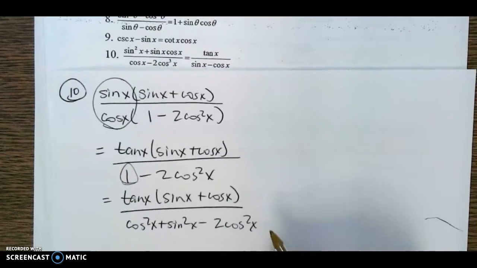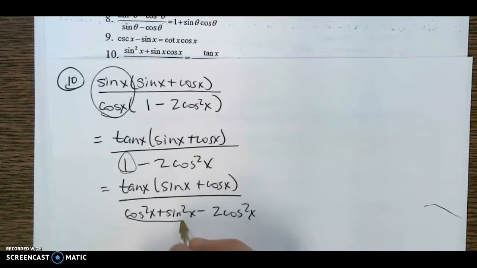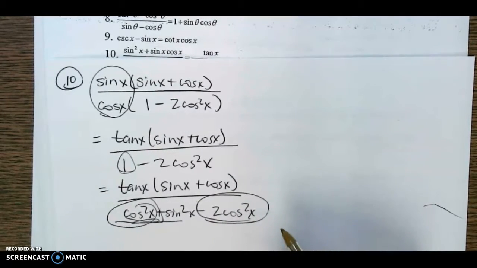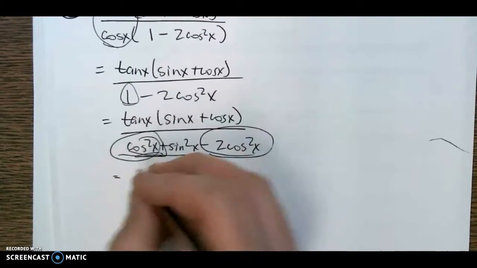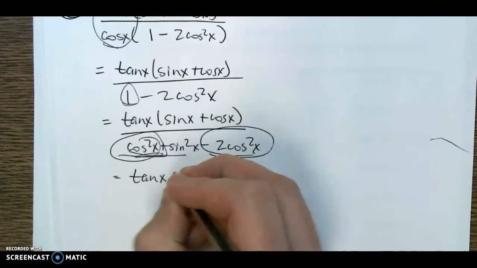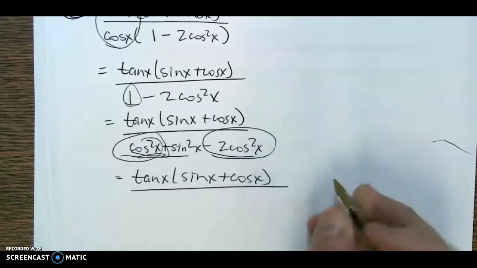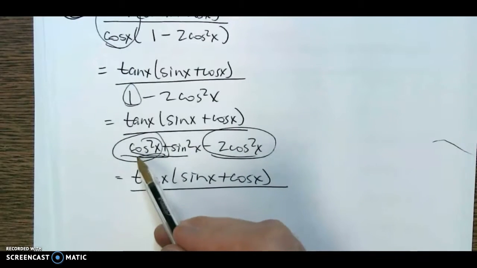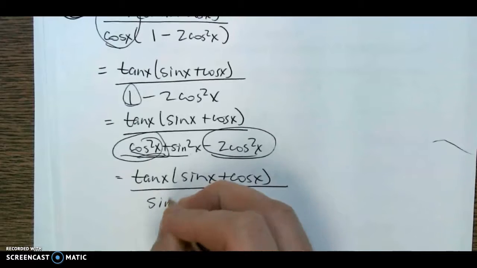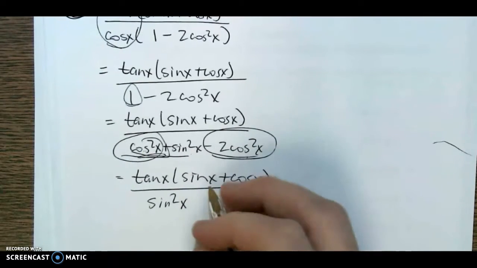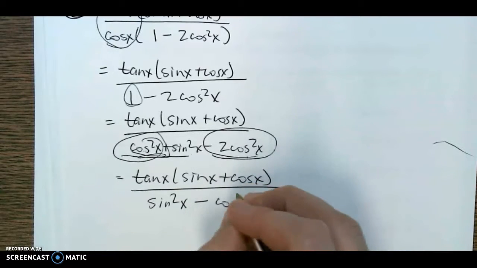Then over here, we've got cosines in common, so we can go ahead and subtract those. So I've got a sine squared, let's go ahead and leave that. And then I've got 1 cosine squared, take away 2 cosine squareds, which is a negative cosine squared.